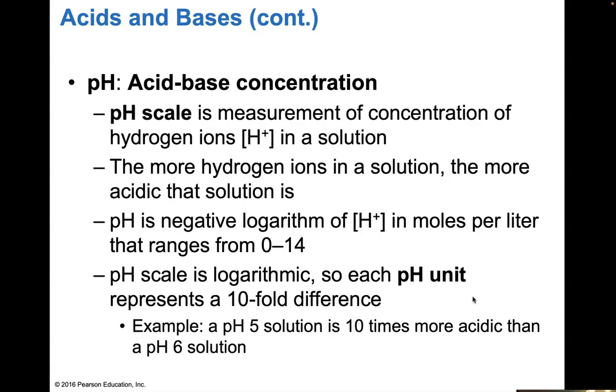So remember, our acid-base scale is what we call our pH scale, and our pH scale is simply a measurement of the concentration of hydrogen ions in solution. The more hydrogen ions in a solution, the more acidic that solution is. Now, because pH is a negative logarithmic function of measuring our hydrogen ions in moles per liter, it goes from 0 to 14.